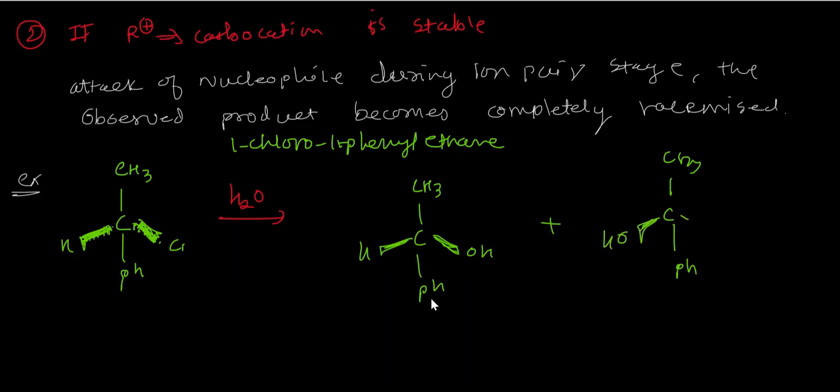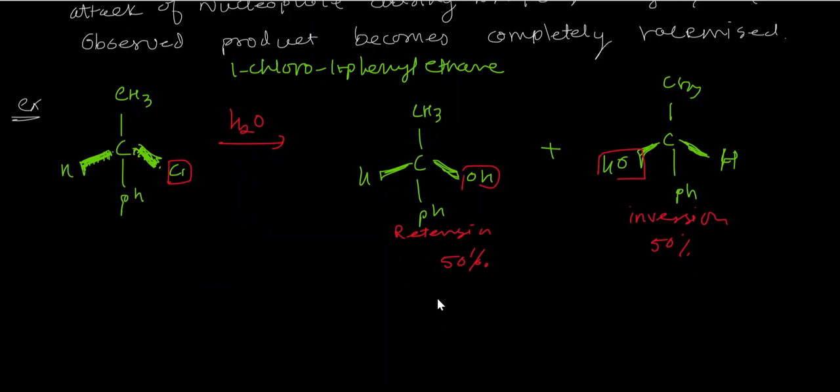This is OH, and this one is H. So you can see here, this is Cl group and this is OH group, both are on the same side, therefore retention is there. And this one is on the opposite side, so inversion is there. Okay. So in both the cases, whether the carbocation is less stable or more stable, there is partial retention and partial inversion. But in this case, this product forms 50%, this forms 50%. That means complete racemization is there.